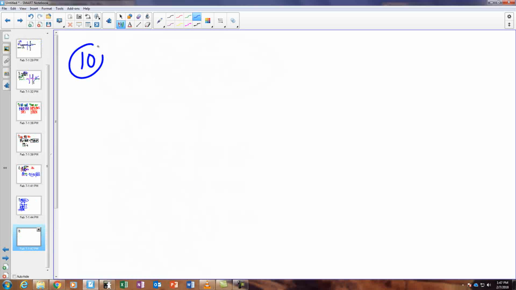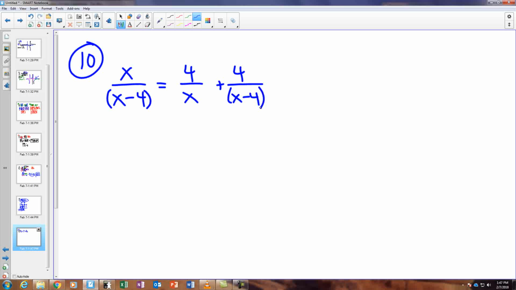And number 10, last but not least, x over x minus 4 equals 4 over x plus 4 over x minus 4. This is again one where, because of the equal sign, and I'm not just adding, I'm actually solving.